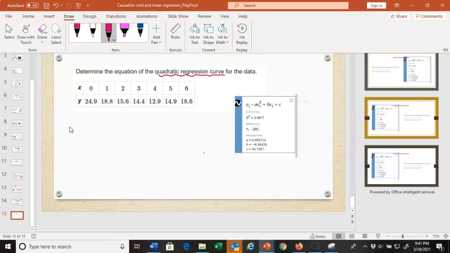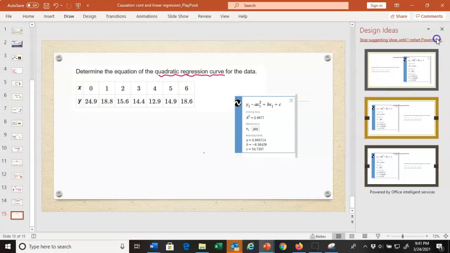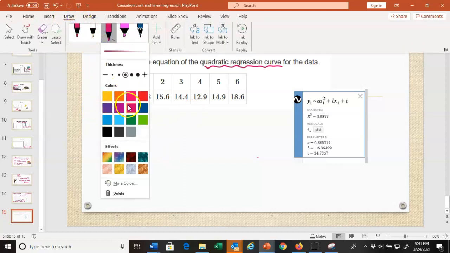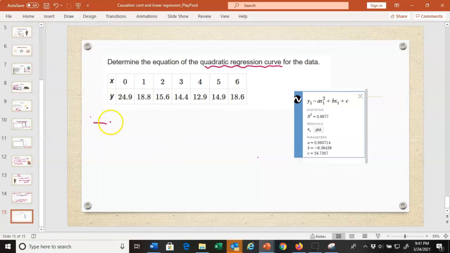So again, it kind of sounds a little bit scary, maybe, but it's hopefully not too bad. And as you guys practice it, you're going to remember, oops, the y hat equation. Why is it doing this to me? Do you guys see what it's doing? There, okay. Remember, quadratic is ax squared plus bx plus c.